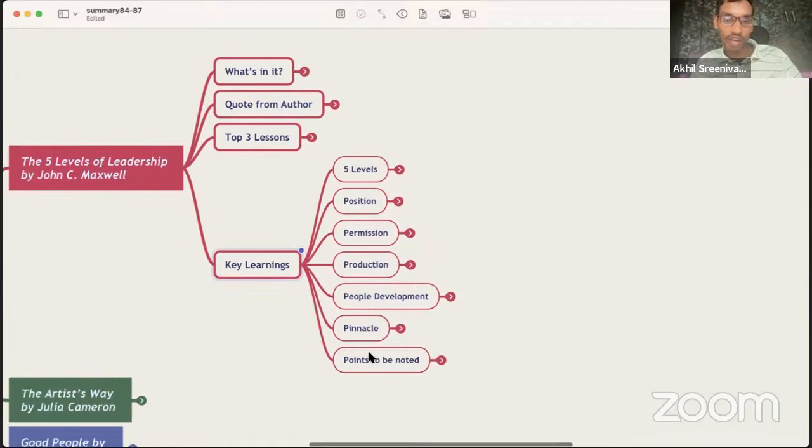Let me repeat all the 5 levels of leadership. First one is position. Set your position based on values. Second one is permission. Build rapport with the people you want to lead. Third one is production. Create a product or services with the help of productive tasks, broken down into minor tasks.